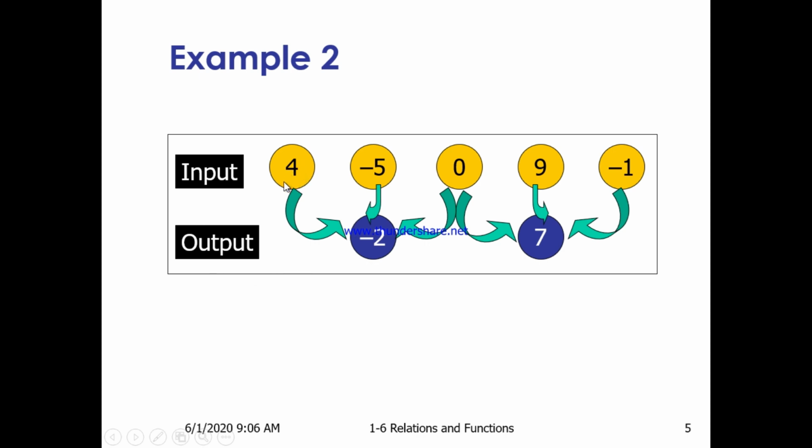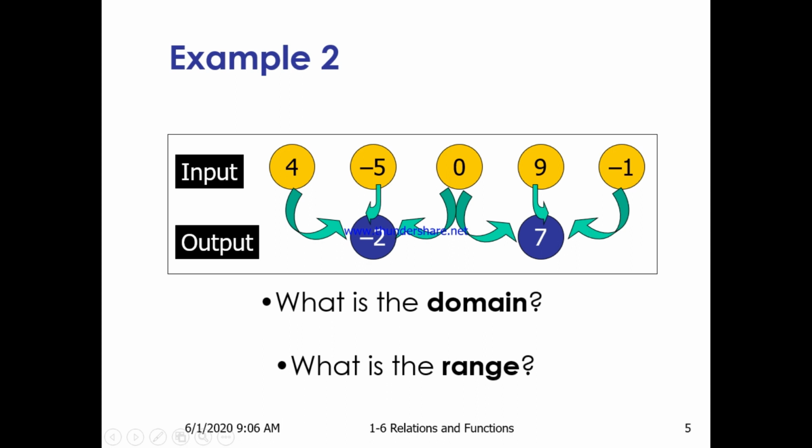For example, 4 is paired to -2, -5 is paired to -2, 0 is paired also to -2. At the same time, 0 is paired to 7, 9 is paired to 7, and -1 is paired to 7. So which of these two sets of values are domain and range? Our domain, the input, are 4, -5, 0, 9, and -1, while the output are -2 and 7.